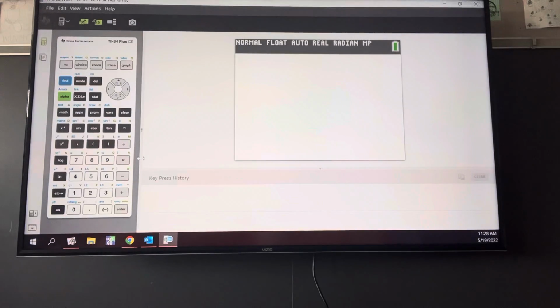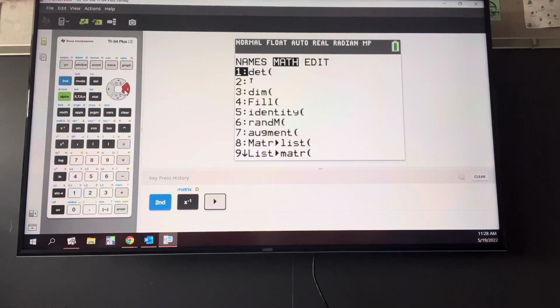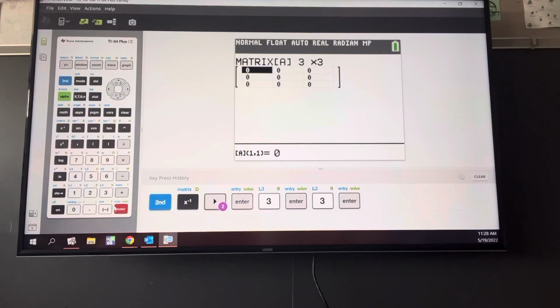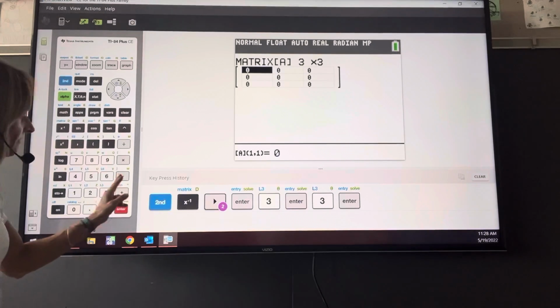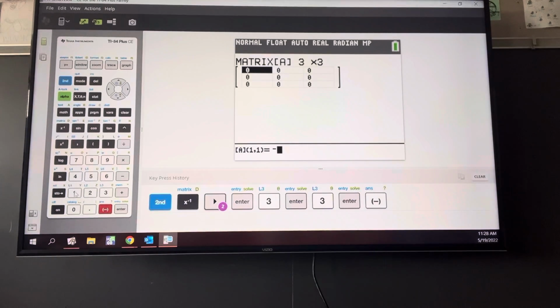All right, so I'm going to use the store method, just because I like that method. So I'm going to edit and make this a 3 by 3. And now I'm going to enter in all the leading coefficients. Make sure you use the negative button and not the minus. Otherwise, you will get an error. Negative 1.